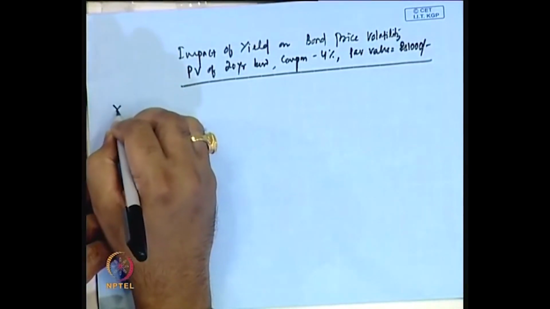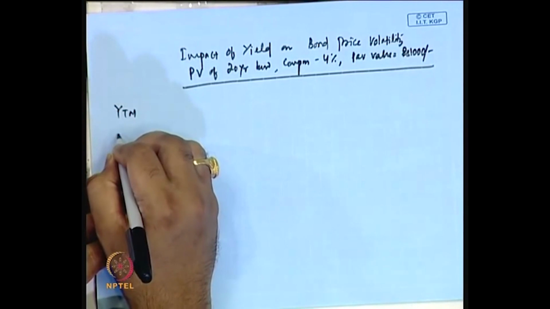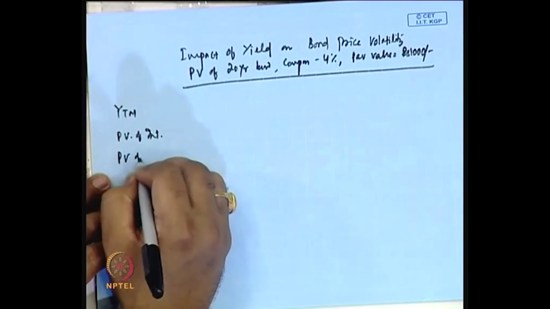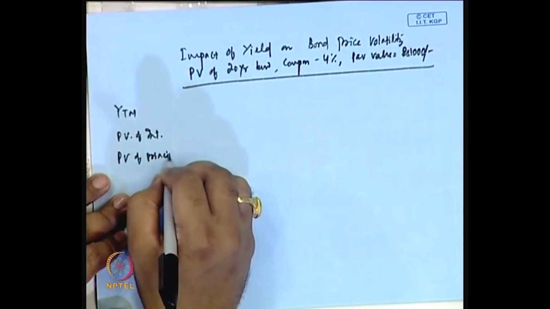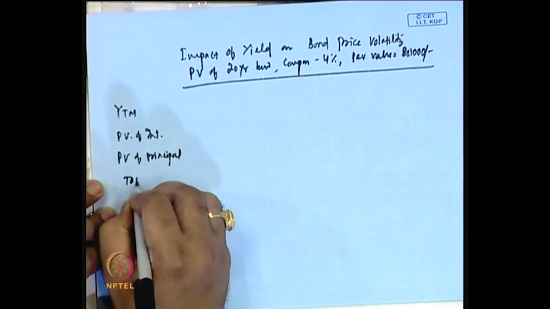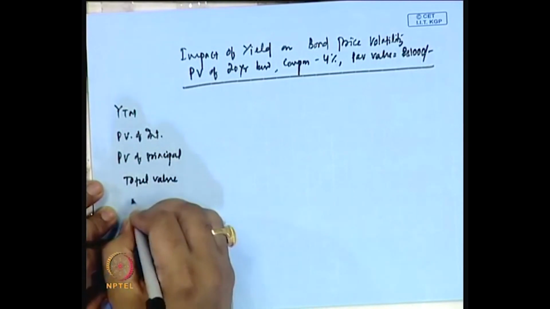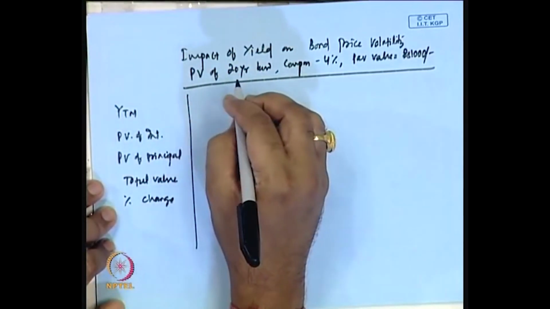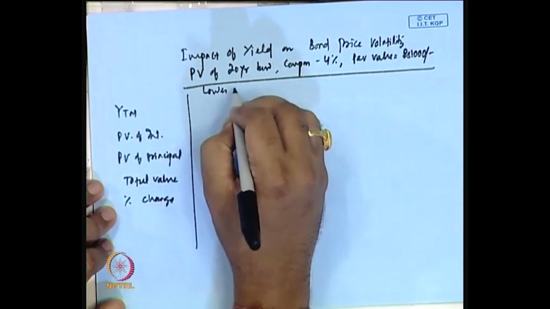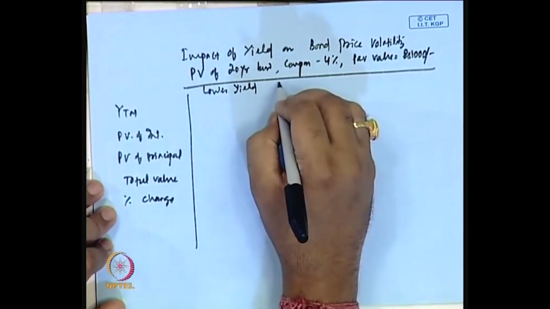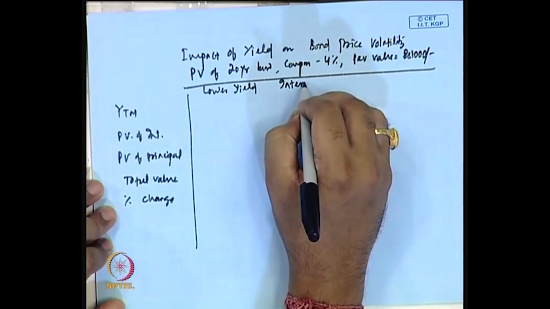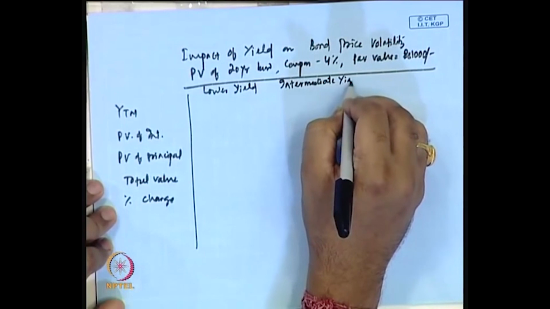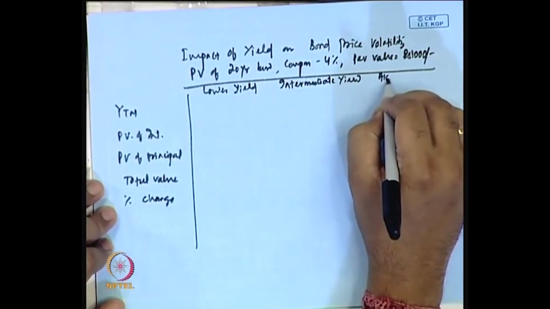Then like that you can take your YTM, you have your PV of interest, your PV of principal, this is your total value, this is your percentage change of the total value. Let's say you have taken the lower yield, then the intermediate yield, and the high yield.